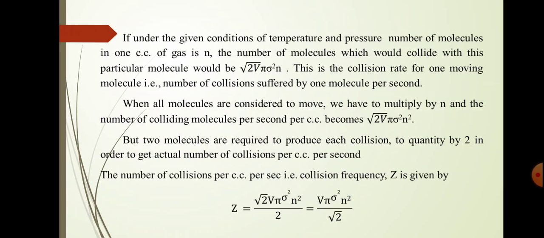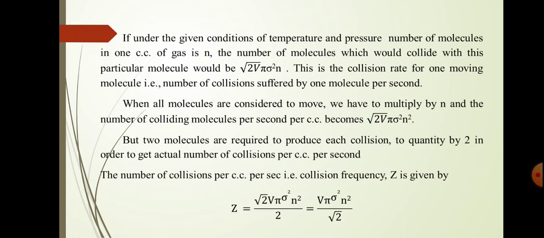So when we are considering only one molecule, its collision condition is root 2 v pi sigma square. But for n molecules, it becomes root 2 v pi sigma square n. This is the collision rate for one moving molecule, that is, the number of collisions suffered by one molecule per second.